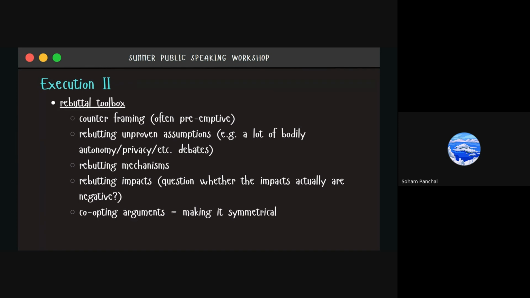Now coming to the second one, that is assumptions, as I said, as a very good example. If they say that if you're supporting alcohol, then you are even supporting other drugs and other substances, that is an assumption they have taken. So you say that this is an unproven, very big assumption, and that this does not hold because of the assumption. Now the third thing you do is you rebut the mechanism.